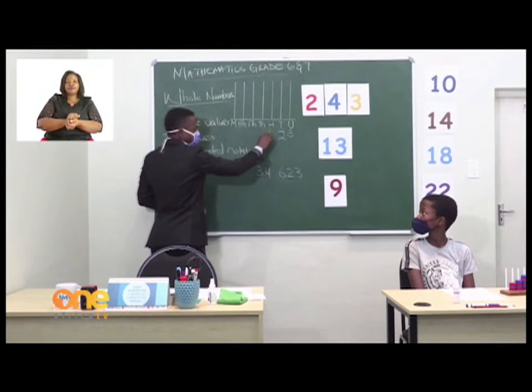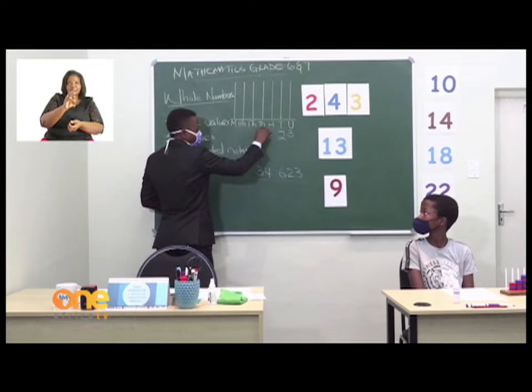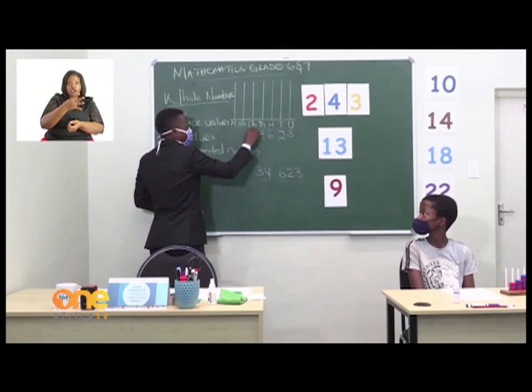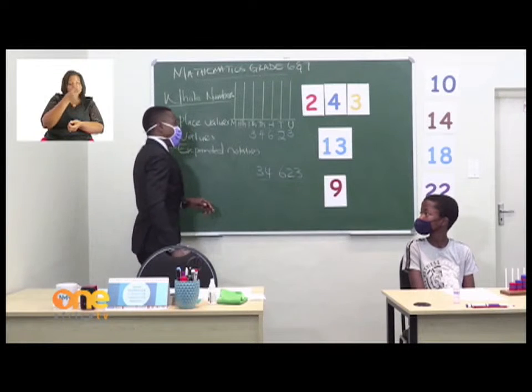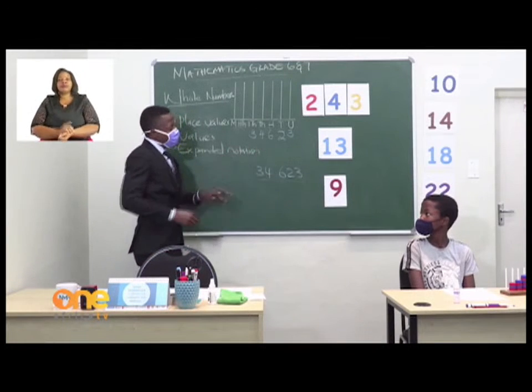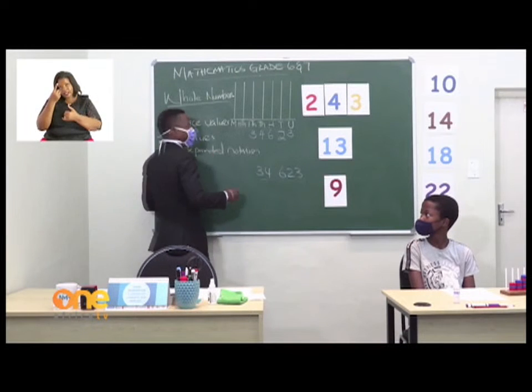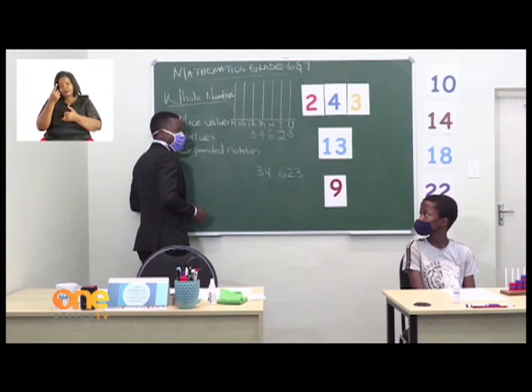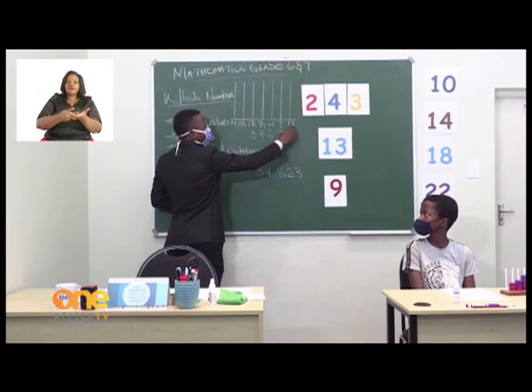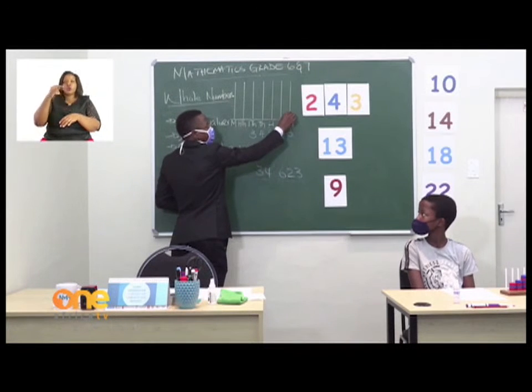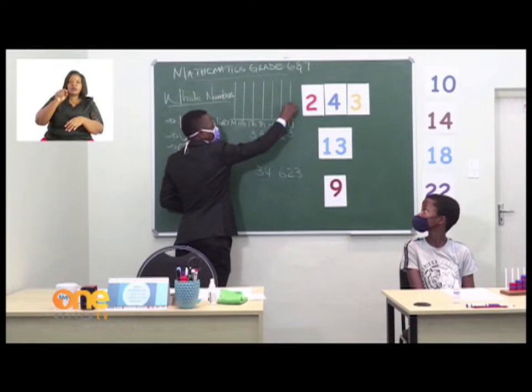We have a 6, we have a 4, and we have a 3. In that manner, you will know what you can circle per place value. For the unit we have 3, so you can circle 3: 1, 2, 3.